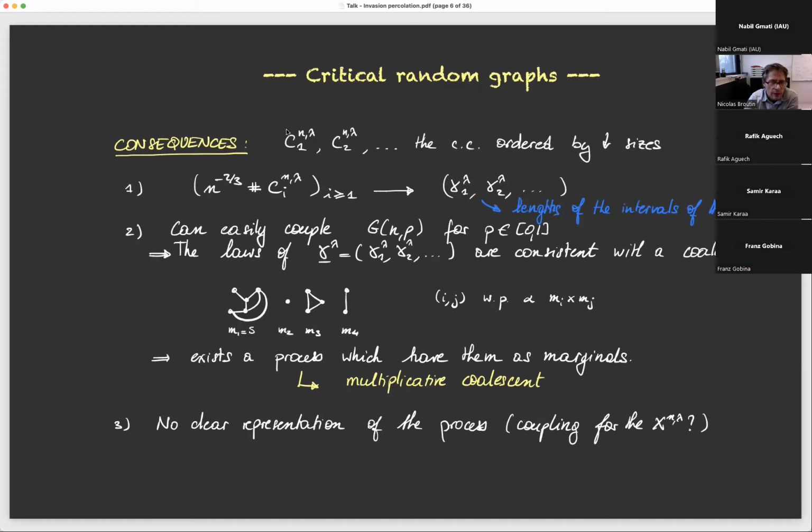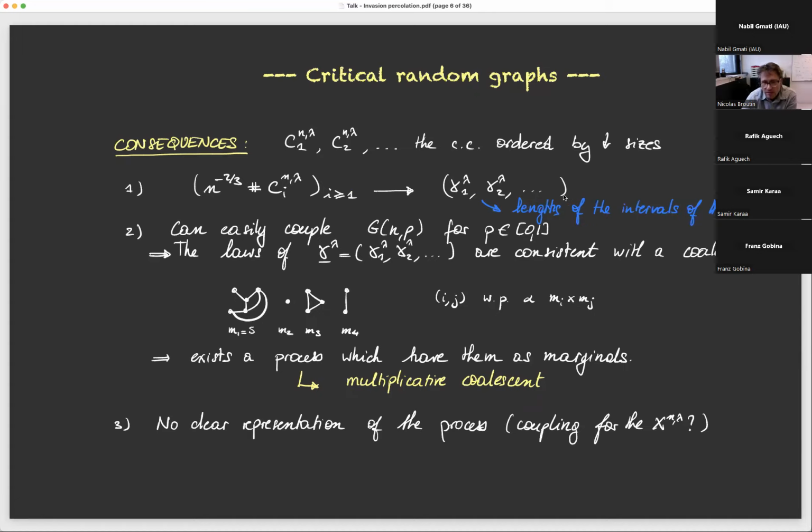If you look at the connected components in G(n,p), so the random graphs, at probability p_lambda, which is 1 over n plus lambda n^(-4/3), you order these connected components by decreasing size, C1, C2, and so on, and you rescale the sizes by n^(2/3), then this converges to the lengths of the intervals that we defined before.